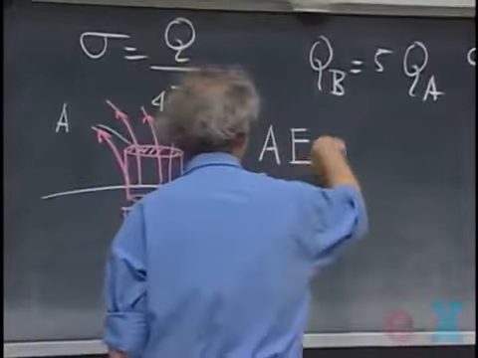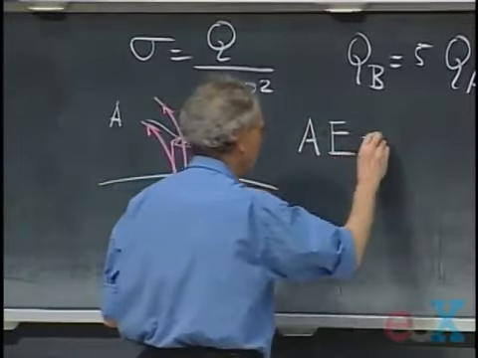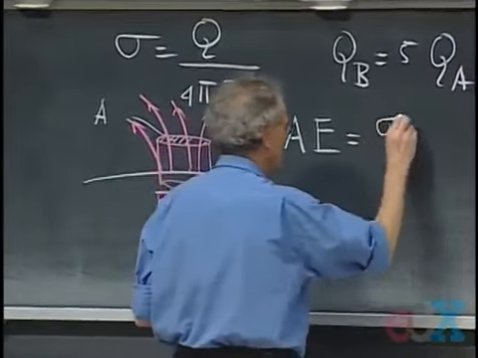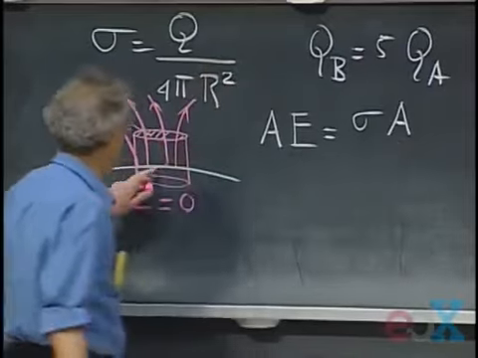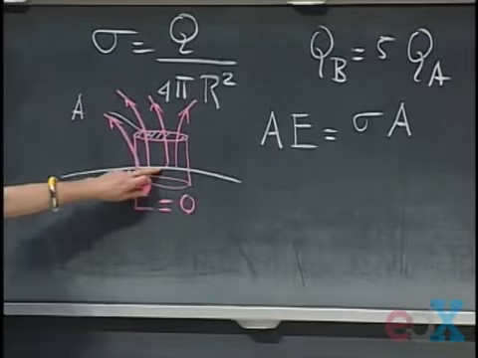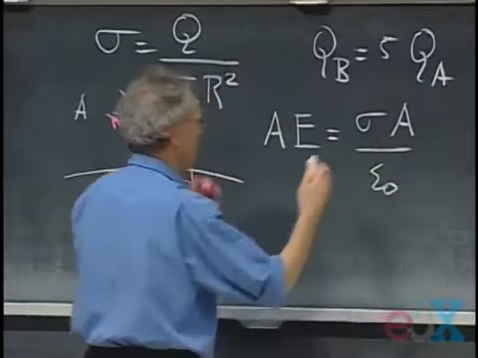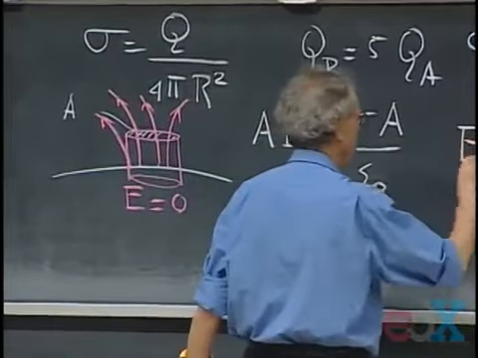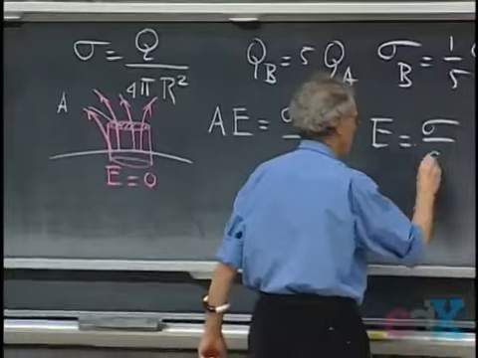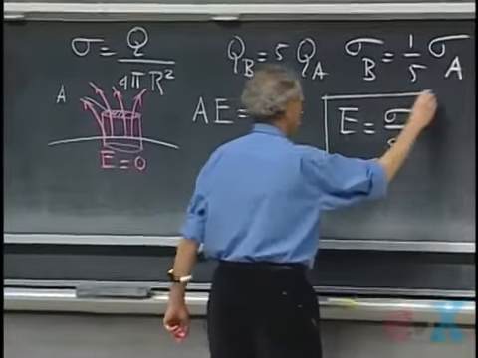And so this is all there is for the surface integral, and that is all the charge inside. Well, the charge inside is, of course, the surface charge density times the area A divided by epsilon zero. This is Gauss's law. And so you find immediately that the electric field is sigma divided by epsilon zero.